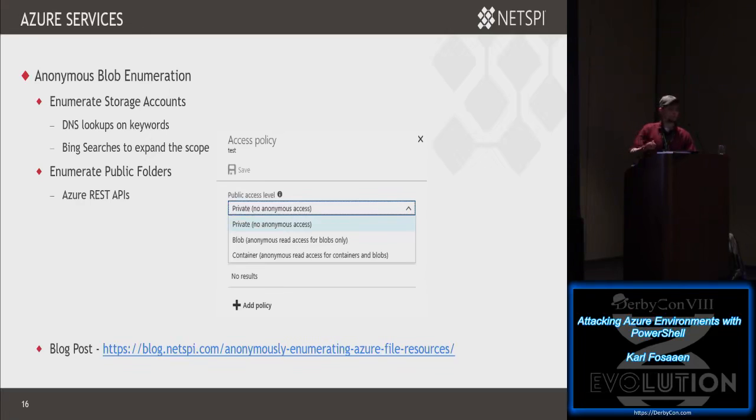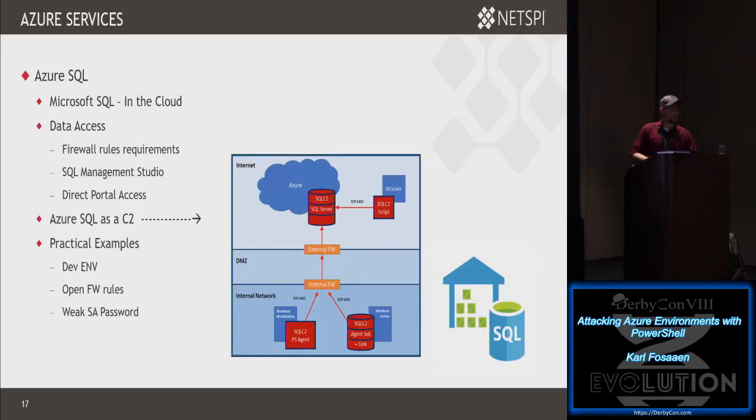So do some DNS brute forcing, potentially add a Bing search to that to identify additional storage accounts, and then iterate through potential containers at that point. Once we've identified a public folder, we use the Azure REST APIs to actually list out the files, because it's about the easiest way to do that. But like I said, we frequently find public containers with just all sorts of interesting information.